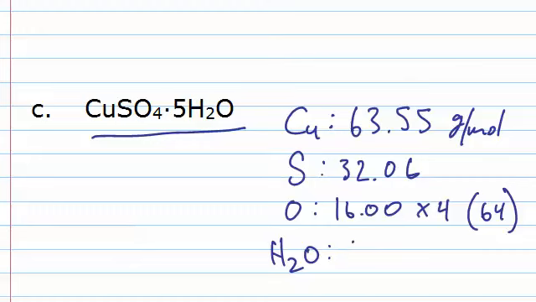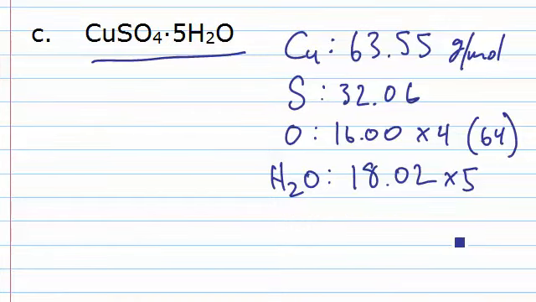And then for water, we're going to again add up the components. We've already done that, so that's going to be 18.02. And we're going to multiply this by 5. So 18.02 grams for 1 mole of water, multiplied by 5, is 90.1.